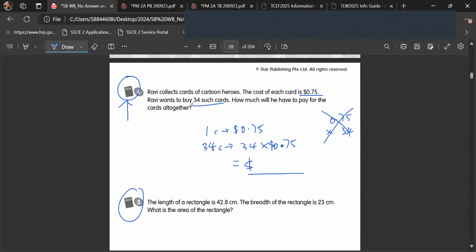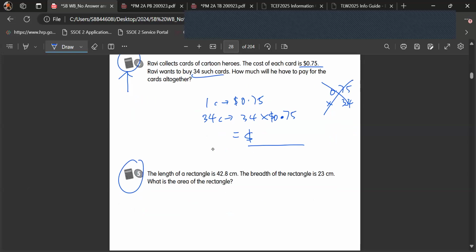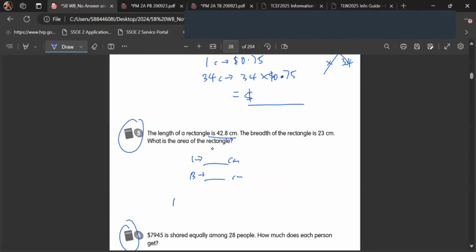Okay, these are fairly okay, right? Next one. The length is a certain centimeter. The breadth is a certain centimeter. So the area will be the length times breadth. Kashi, what will be the units, please? Area. Yes, thank you.